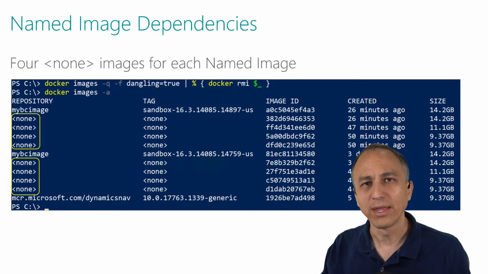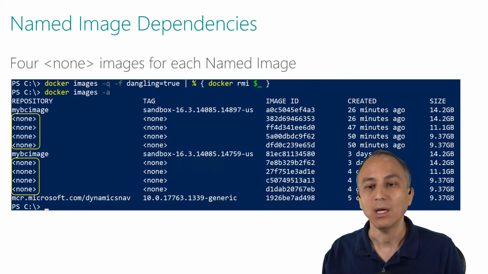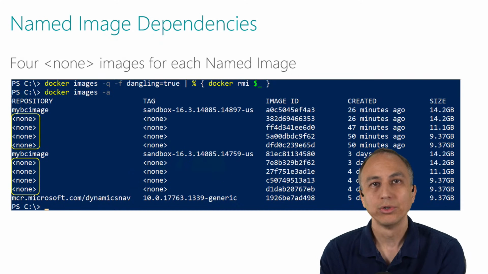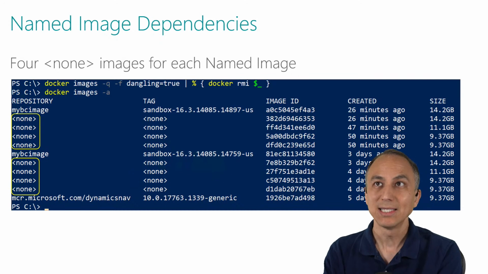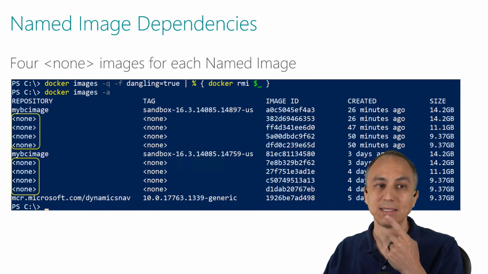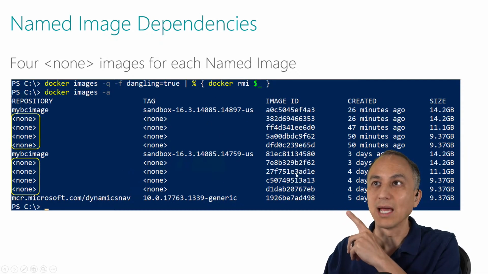This is another thing I've been noticing now that named images and artifacts are available with NavContainerHelper. When I choose to create a named image, in this case a named image called my BC image, that gets created, and I see those images there, and you'll notice that it has the different sandbox build numbers.